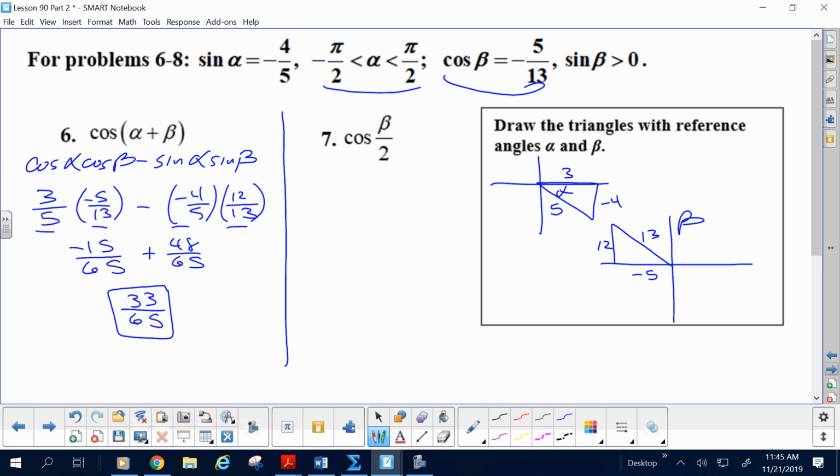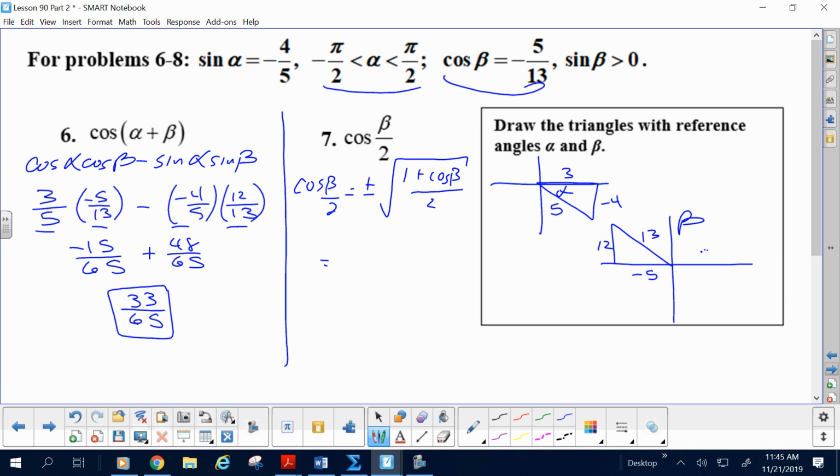Okay, let's try the new stuff. We're going to look at the beta picture here. They say beta over 2. Okay, we need to start with the identity. Cosine of beta over 2 is plus or minus the square root of. Okay, cool.